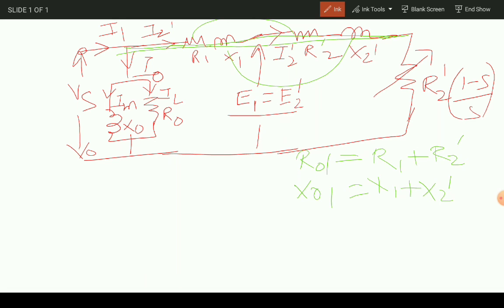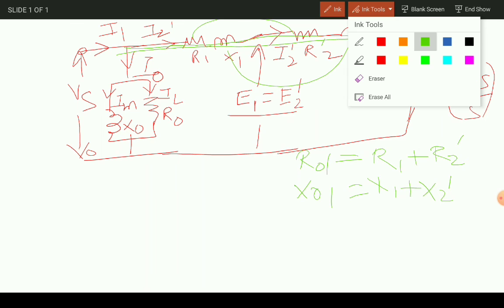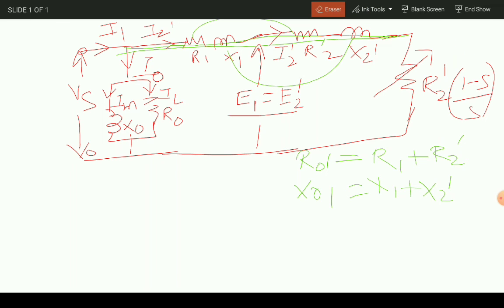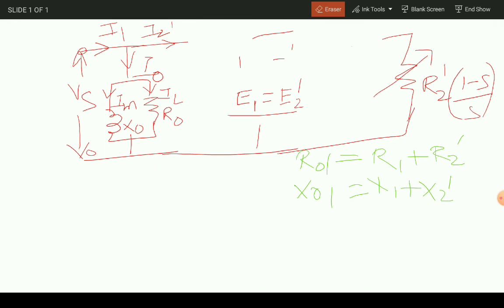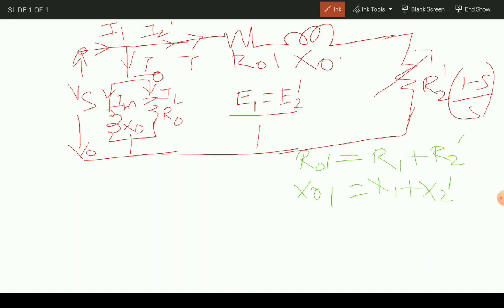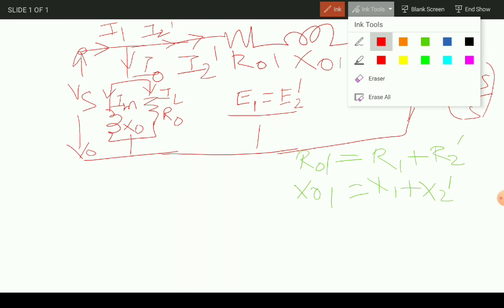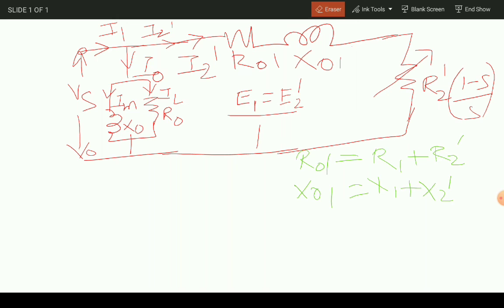After adding these, how will this circuit look? Here it will be only one resistance, that is R01, and this is X01, and here the current is I2 dash. That's all. There is no need to mention this also, but if you mention it, there is no problem. Here E1 and E2 dash are both the same.